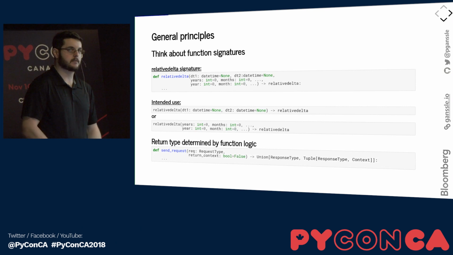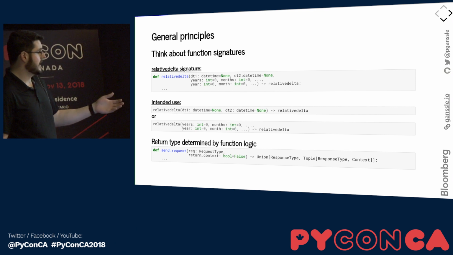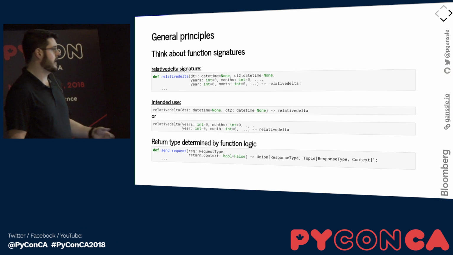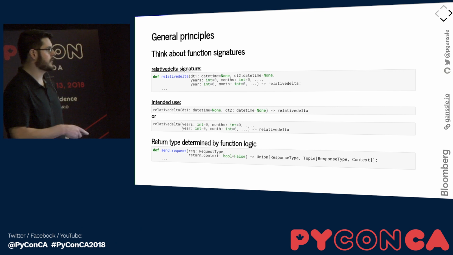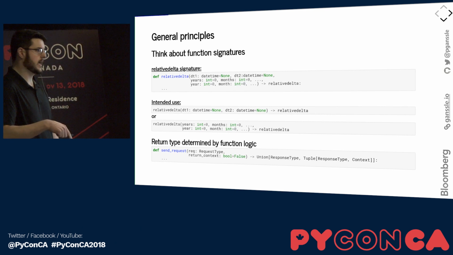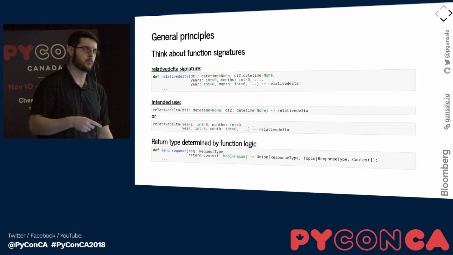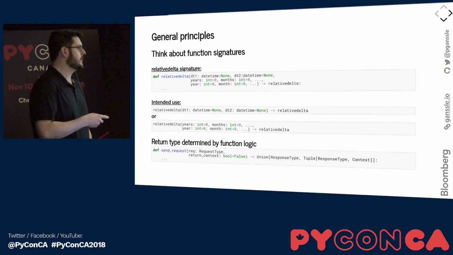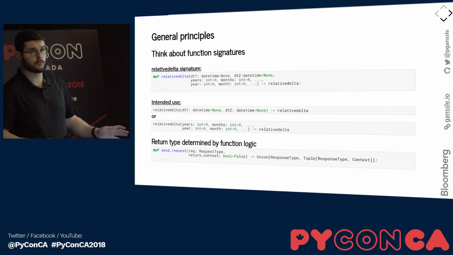A similarly complicated function signature, complicated in a different way, is this toy function called send_request. All it does is it takes a request as the first parameter, and then it has this optional parameter called return_context. And what it returns is either a response type or a tuple of a response type and a context. So this is a little complicated because type checkers don't really love this.